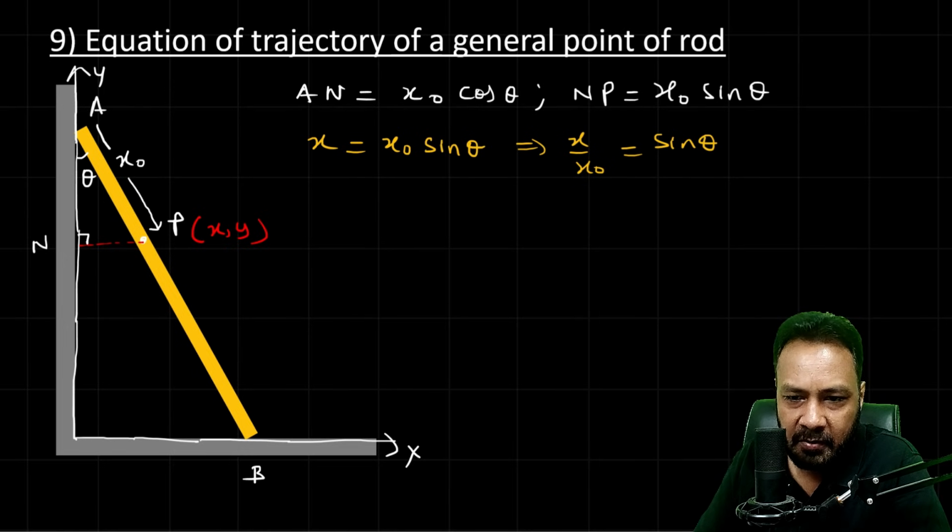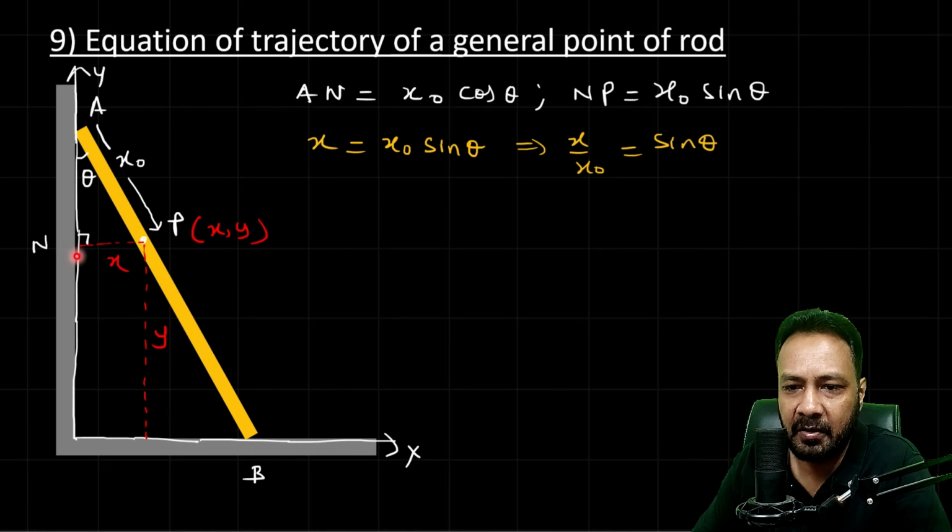And the y coordinate is basically this height. This is x, this is y. And this height is basically this height minus this height. This height is L cos theta, and that is x naught cos theta.